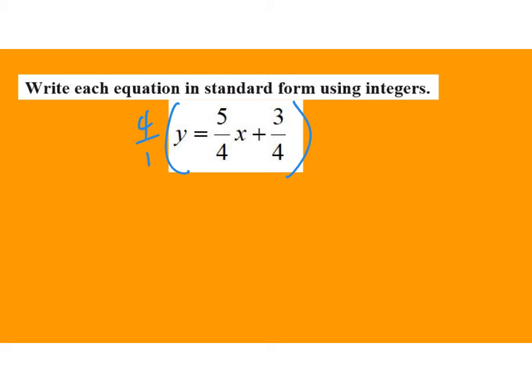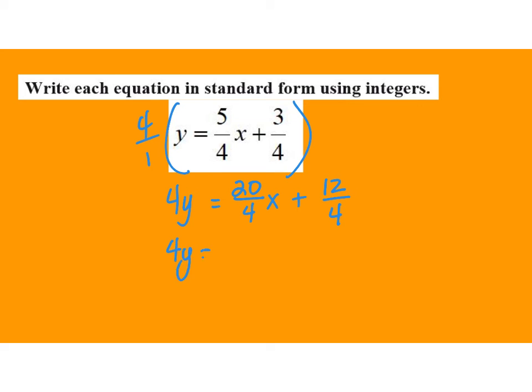All right, let's see what we got. So now I'm going to multiply 4 times y, which becomes 4y. 4 times 5. I'm going to do this the long way just to model or refresh your memory how to do this. Now I can simplify each of these fractions.